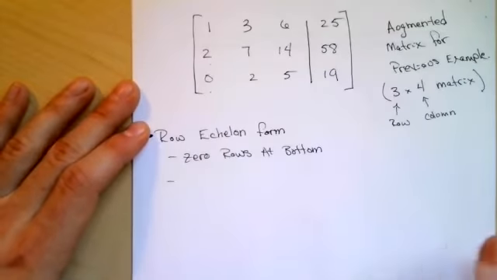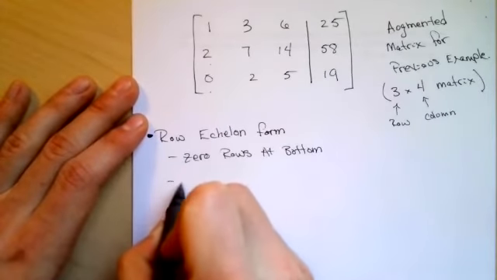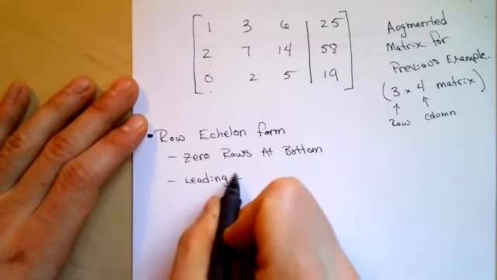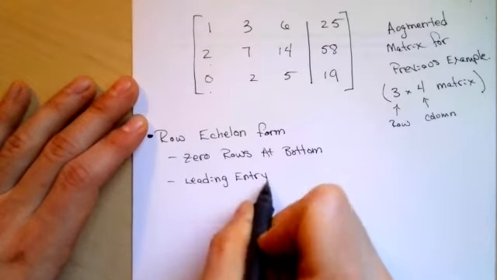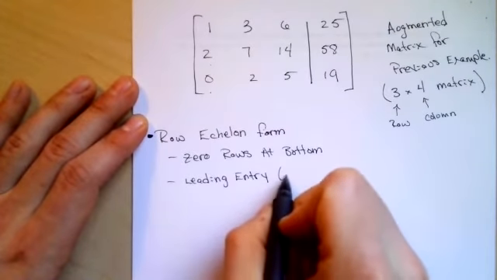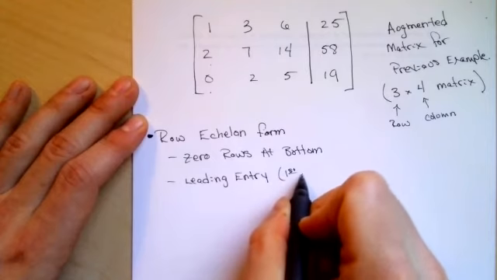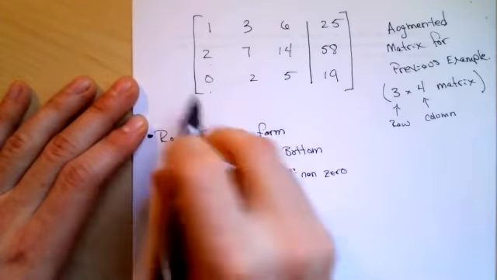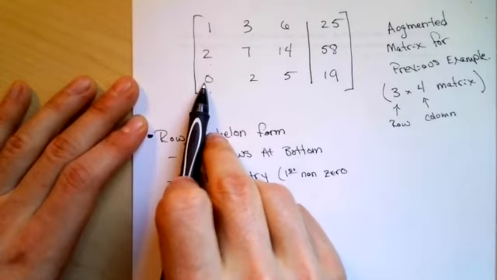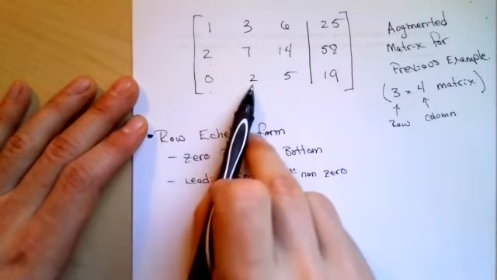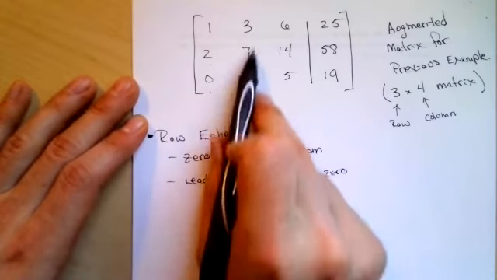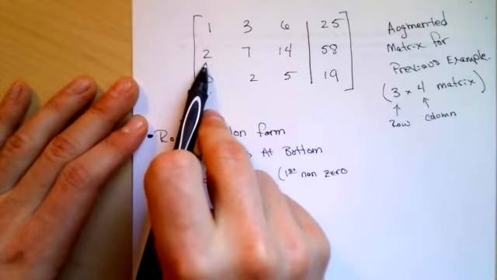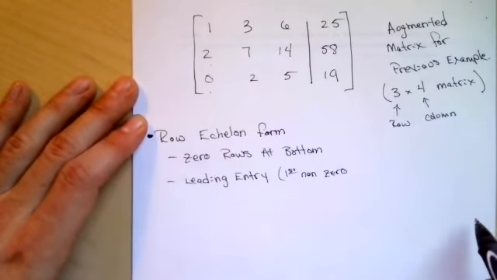The leading entry is going to be the first non-zero, reading from left to right. So for example, here in this row, the leading entry is 2 in the second column. Leading entry is 1, leading entry is 2, both of those in the first column.